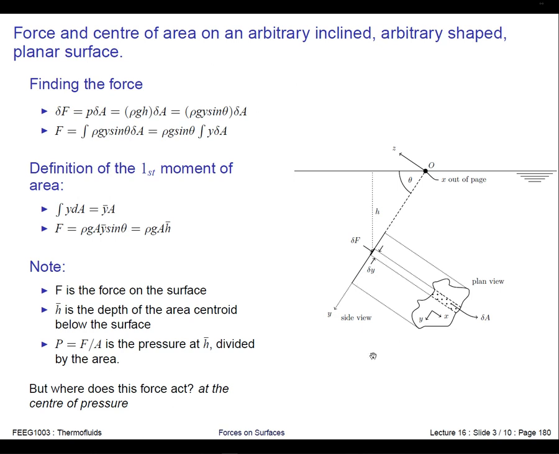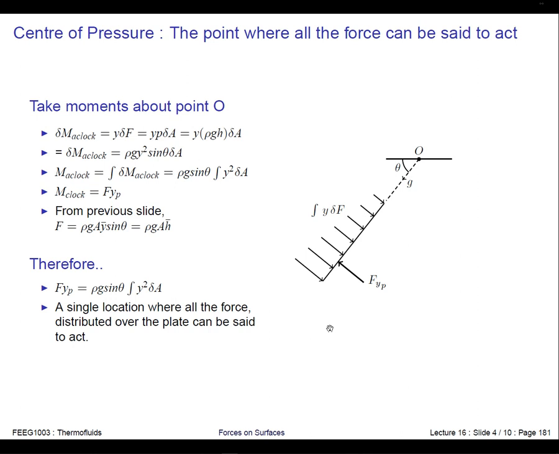And to do that, we have to work out where the center of pressure is, and to do that we have to take moments. So this is how we would do this. This is the force distribution that I worked out on the previous slide, and this is the total force that I worked out on the previous slide, and I need to balance this with this force acting at the center of pressure, and that will balance this force distribution I have on this side of the plate.